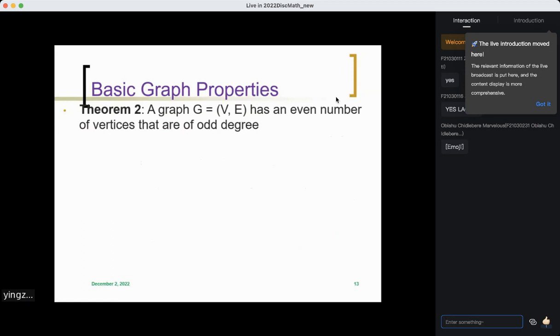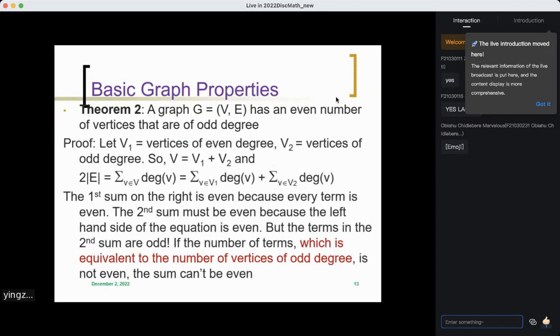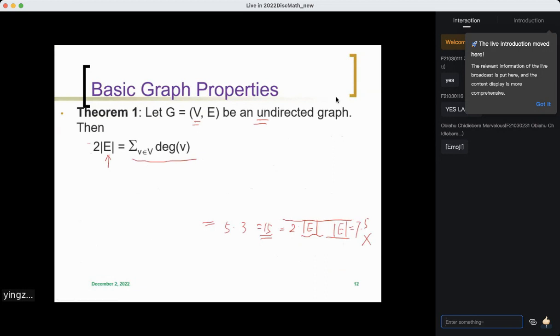It is based on the first theorem, and we can get this second rule just from the degree of the nodes. It should also follow because we know that all degrees come from double edges. That means all degrees should be even numbers, even integers.